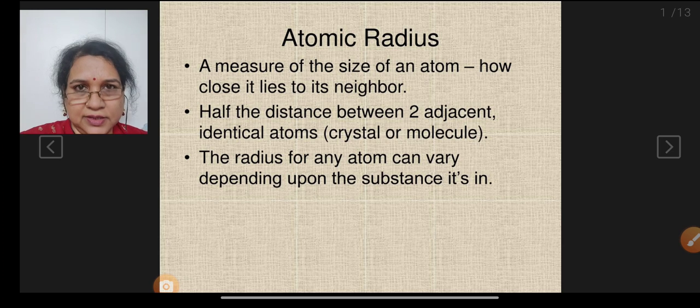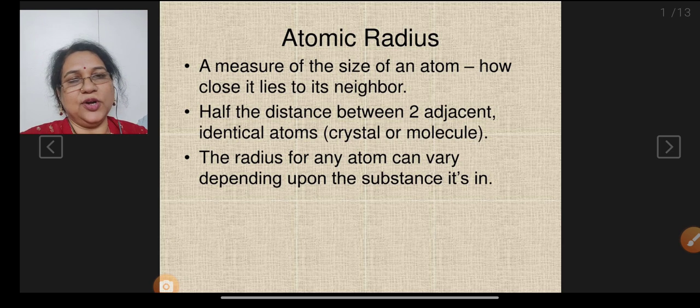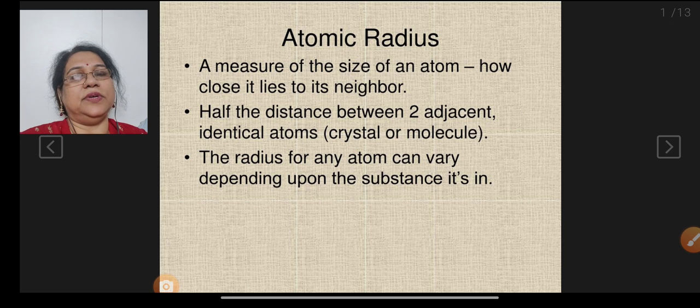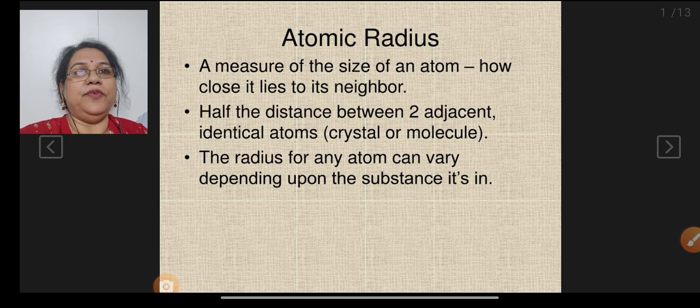We already saw Dobereiner's triads, Newlands' octaves, and the modern periodic table, which is based on Henry Moseley's classification. The last part of that section is atomic radius. We are going to see what atomic radius is.